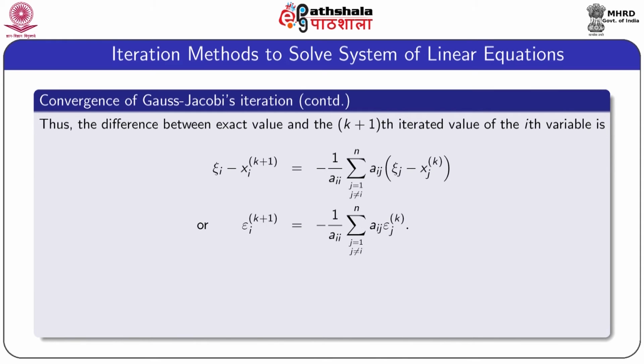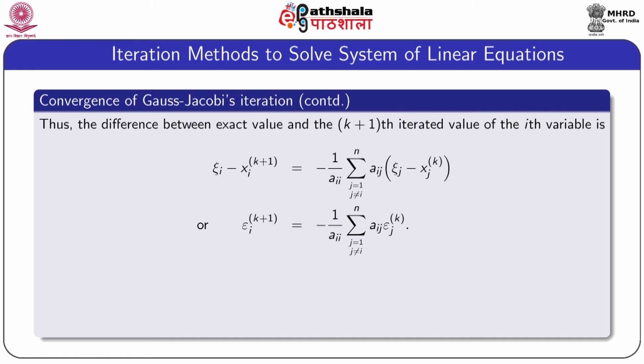Now the difference of these two equations gives the k plus 1 iterated error for the ith variable, and that is xi minus xi^(k+1) equal to minus 1 by aii summation over j equal to 1 to n and j not equal to i of aij into (xj minus xj^k). Note that xi minus xi^(k+1) represents the error occurred at the k plus 1 iteration.